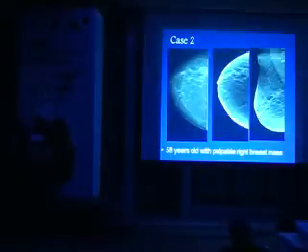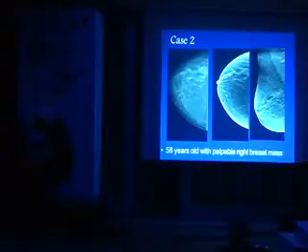Okay, second case, mammography. The lady is coming with a palpable right breast mass. She said she has a right breast mass. The mammography actually shows what? Okay, let's try to analyze what's there in the mammography.